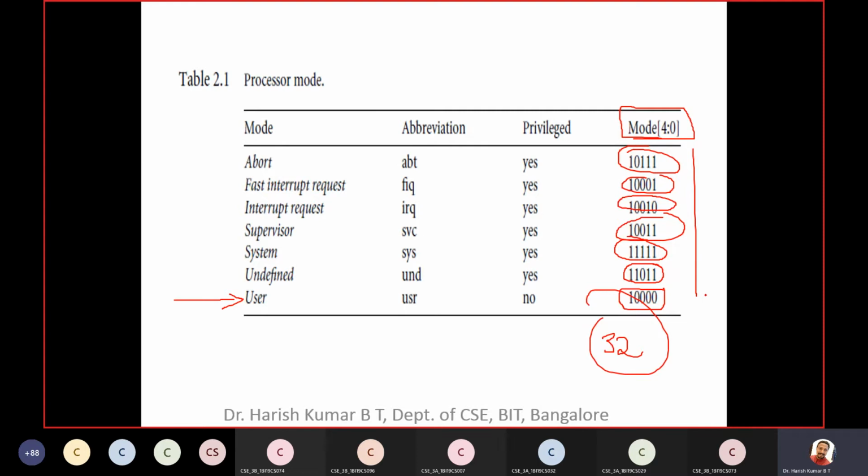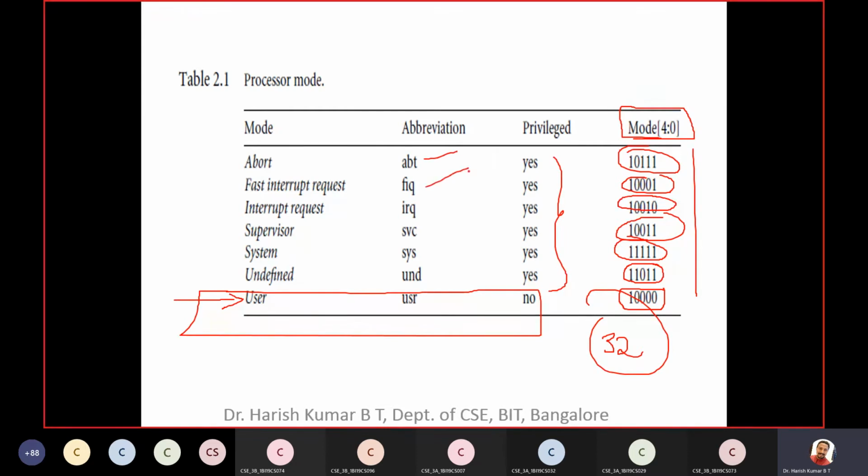Did you understand? Among the 7 modes, this is the only non-privileged mode, and these are all privileged modes. Their abbreviations: abort ABT, FIQ, IRQ, SVC, SYS, undefined UND, and user mode is USR. Is it clear? Yes, sir.